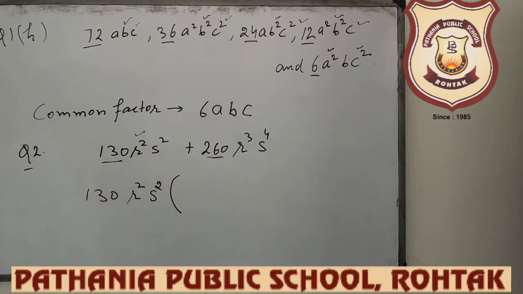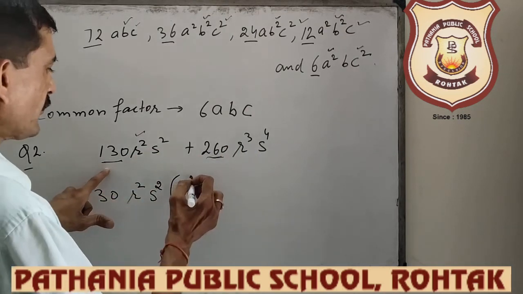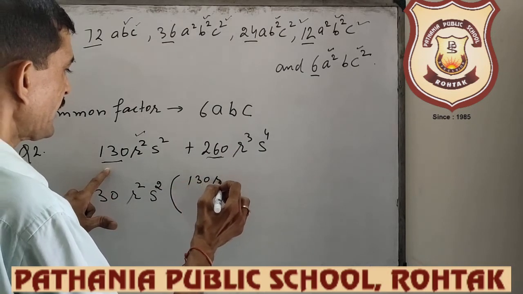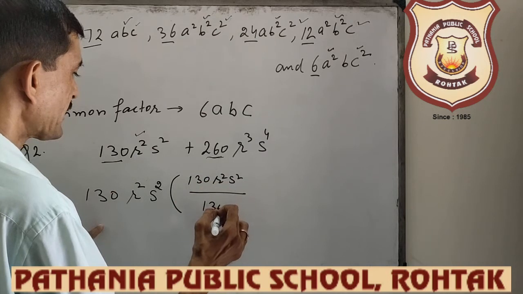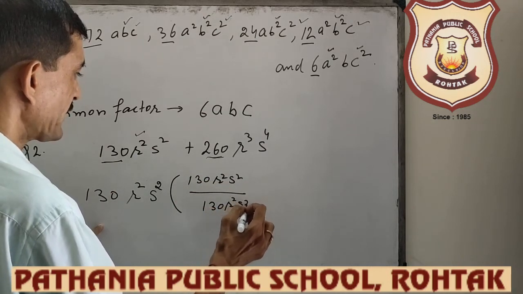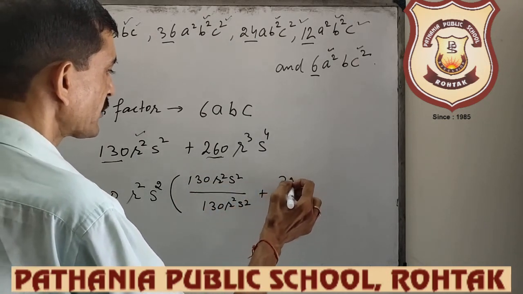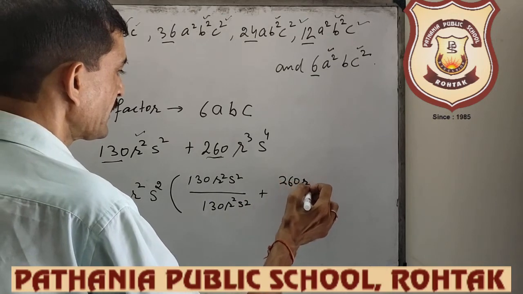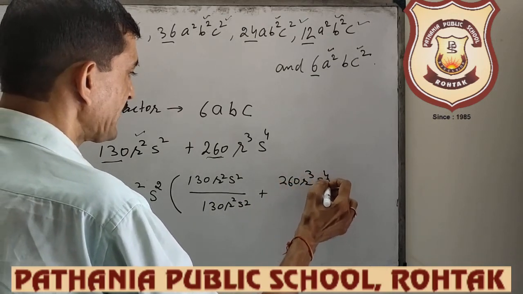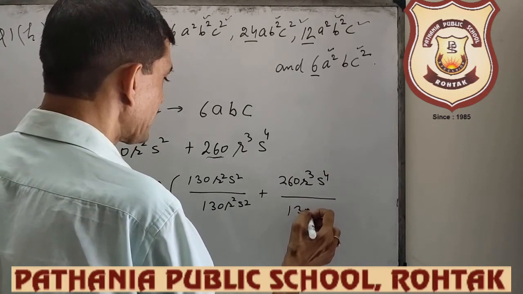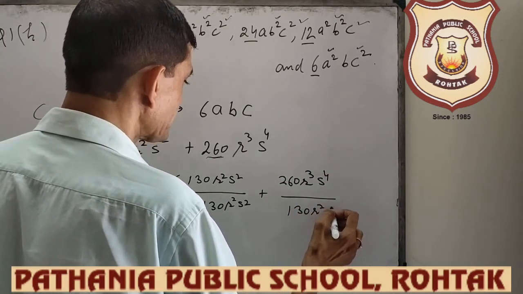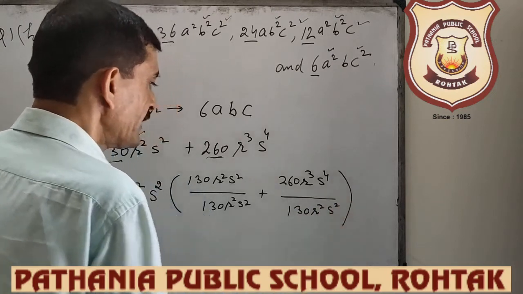इन दोनों टर्म्स को इससे डिवाइड करो. देखो 130 r square s square divided by 130 r square s square plus 260 r raised to the power 3 s raised to the power 4 divided by 130 r square s square.